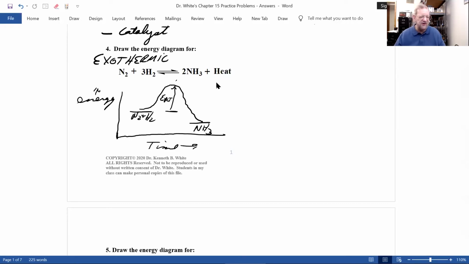And this is a skill you should know how to do. Now, in our universe, you never create or destroy energy. And therefore, the amount of energy on the reactant side is equal to the total amount of energy on the product side. And if we look at the reactants, nitrogen, hydrogen, it would be here.